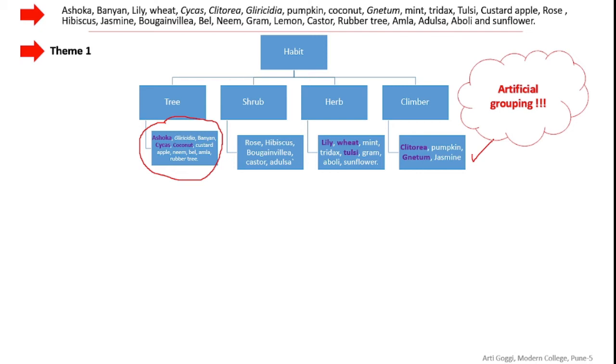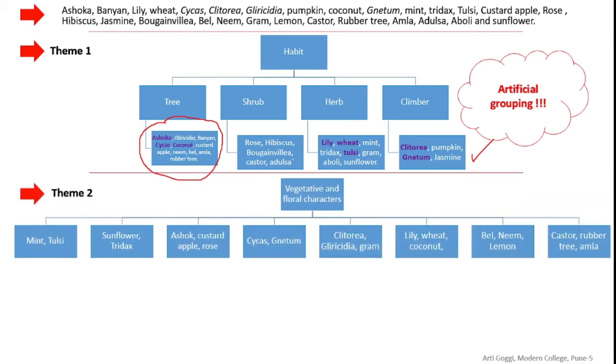Then I will move ahead with the second step. Here I don't want to use just a single character, but I want to use the maximum number of characters. So I will use vegetative and floral characters, and let us see what I can do. When I use vegetative and floral characters, I can group these plants in this way.